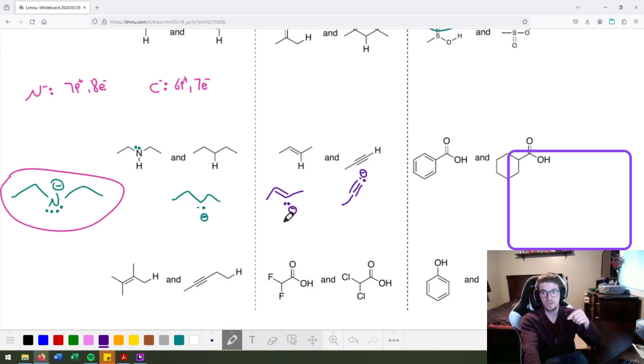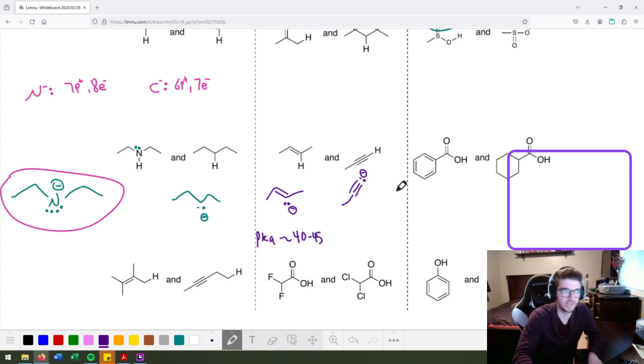and vastly more so than it is with a double bond. So this ends up with the pKa of an alkene being something like 40 to 45-ish. I do not know the exact number off the top of my head, but it's something around there.